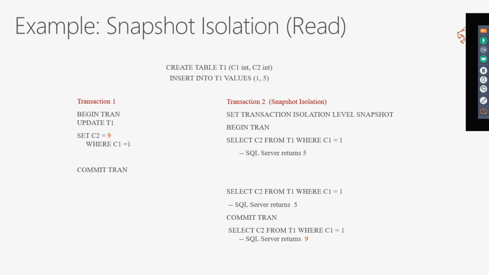Blue was not there. Blue happened while I was executing this transaction. But now if I commit the transaction and run the same query again, that is a new transaction, and it will see the 9. So the difference you see is that snapshot isolation works at the transaction level, and RCSI at the statement level.